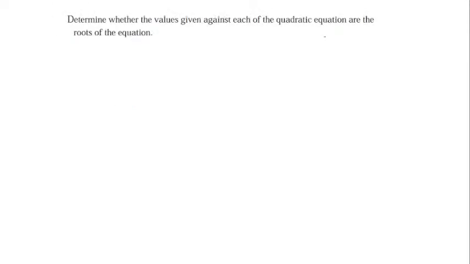Now let's have another question. Determine whether the values given against each of the quadratic equation are the roots of a quadratic equation. So this is the quadratic equation. First quadratic equation is given to be x square plus 4x minus 5 is equal to 0, and values against it given are x is equal to 1 and minus 1.